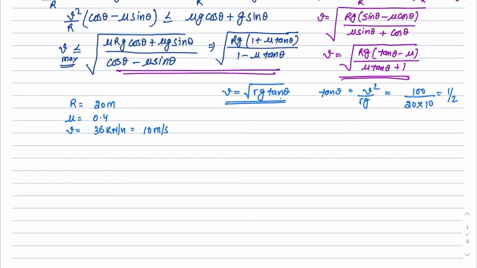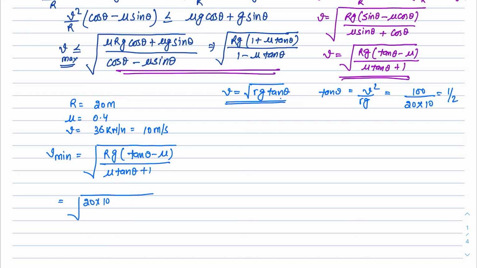So using all these values in the above equations, v minimum is under root rg times tan theta minus mu upon mu times tan theta plus 1. So we will feed the values here. R is 20, g is 10, tan theta is 0.5 minus 0.4 upon 0.4 into 0.5 plus 1.